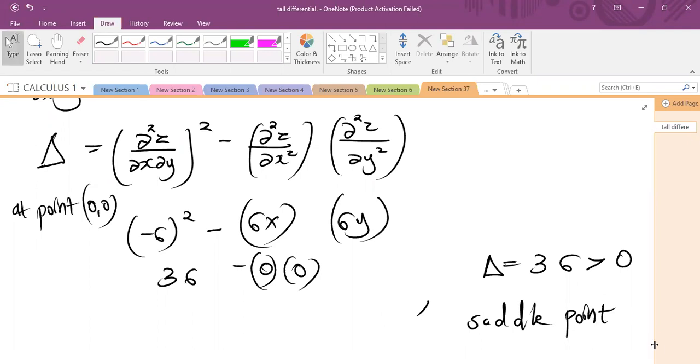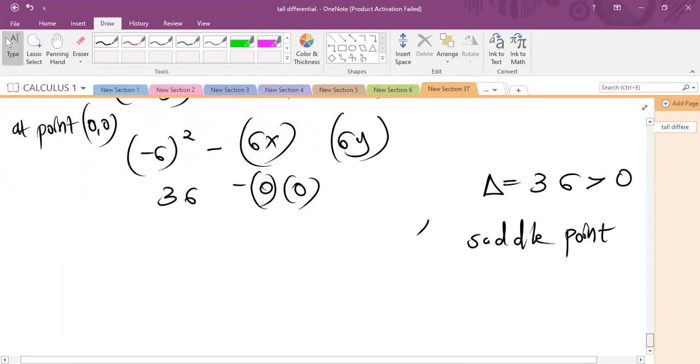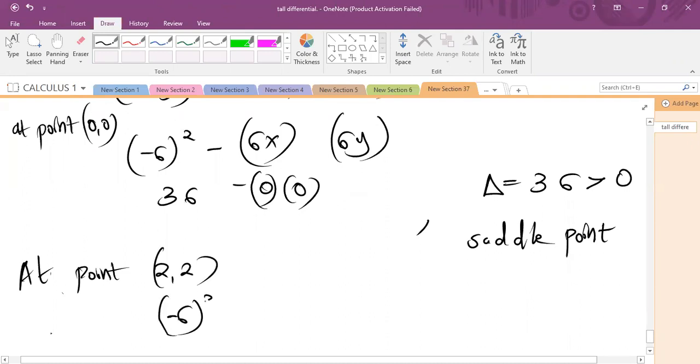Okay, let's look at the next point, which is (2, 2). At this point, what do we have? We have minus 6 squared minus 6x times 6y.